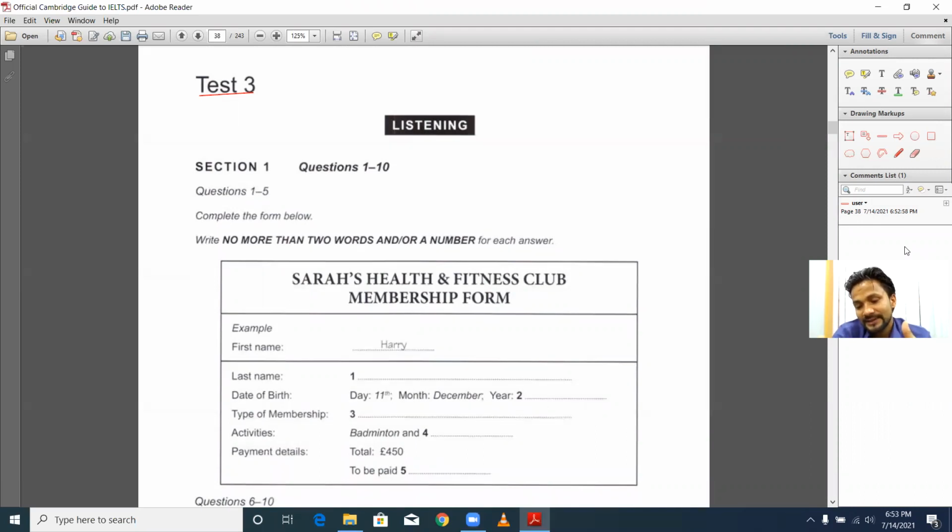How do I solve, and how my techniques really helped my students in the past, and how I instruct my students to follow my technique for the high band score. It's pretty amazing that 4 or 5 of my students have got the perfect band score, band 9 out of 9 in listening test.